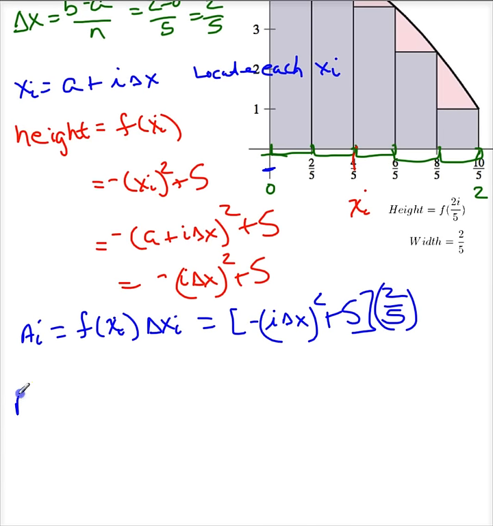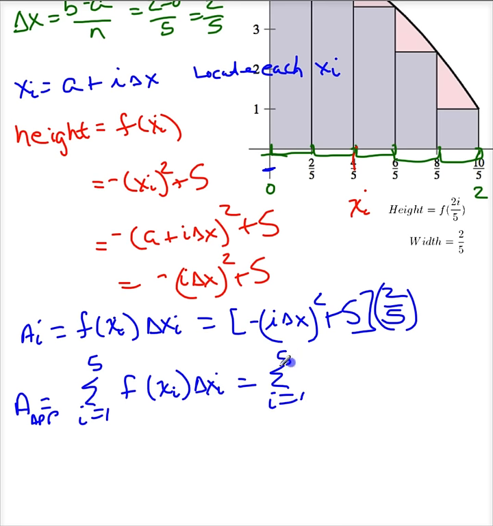So the total approximated area is the sum as i goes from 1 to n, or to 5 in this case, of f evaluated at x of i times delta x of i. So this is the sum as i goes from 1 to 5.